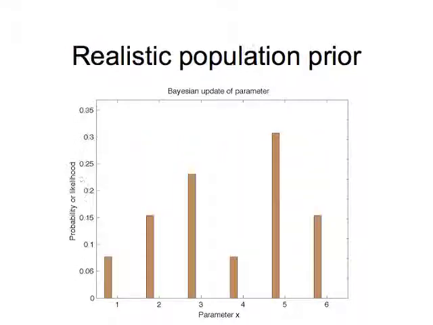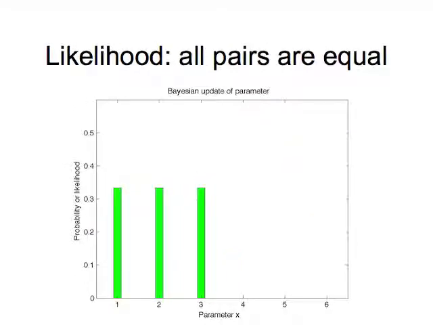Next slide. And from these allele counts, we come up with a more realistic population prior of what we believe the various allele pair genotype candidates would be before we see the data. So we'll use a realistic population prior as we do in regular forensics. Next slide. Let's consider several different likelihood functions.